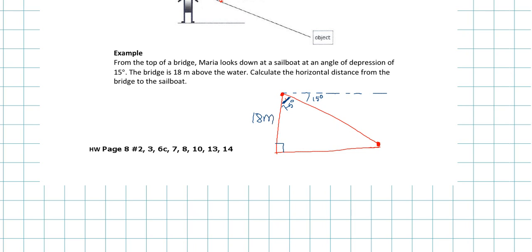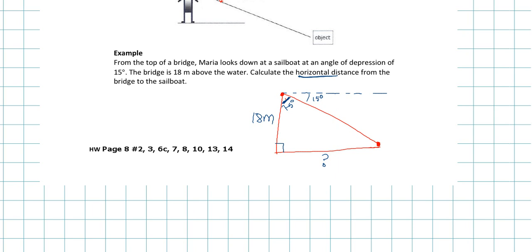Because they want a horizontal distance, that means they want this. It's going to be from the bottom of the bridge to the sailboat. So, angle 75.